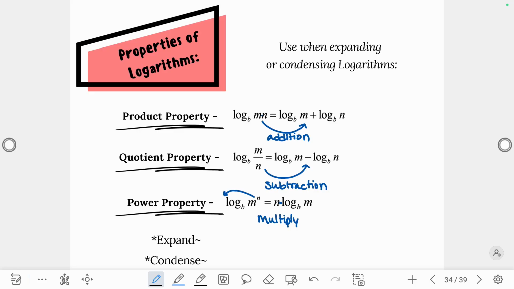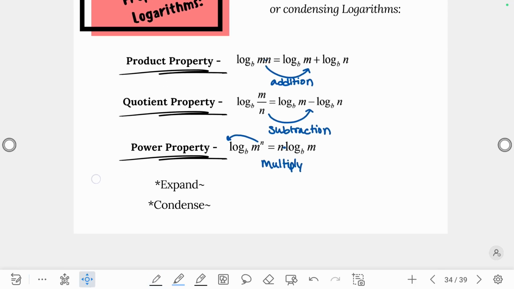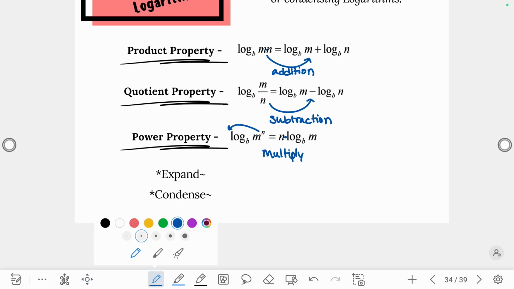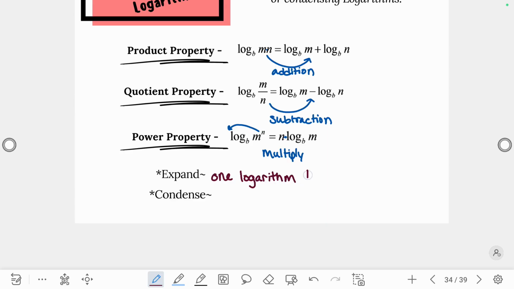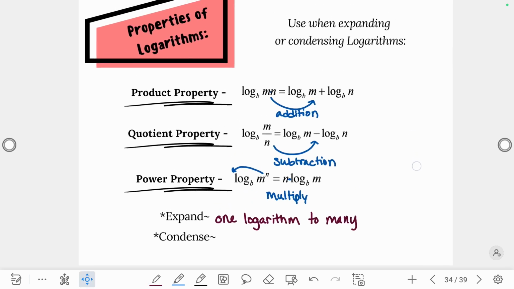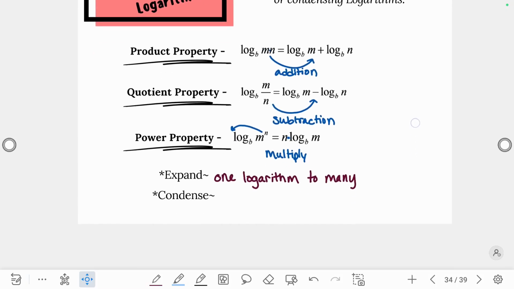All right, so one other reminder, I said this, but it might be helpful to also take down note. Expanding means we are taking one logarithm, or at least one log, and we are turning it into many logarithms. Now by many, that could mean 2, it could mean 7, it just depends on the actual problem.